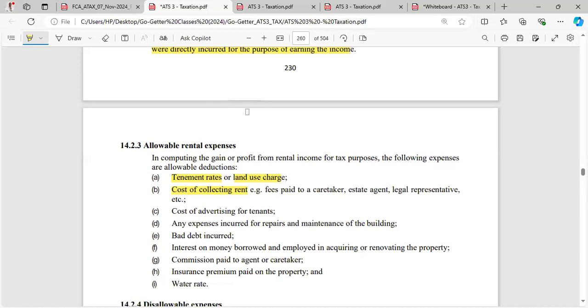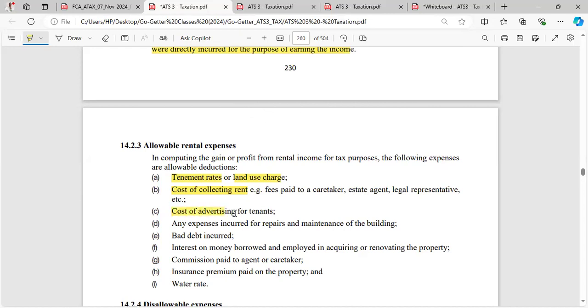This is the cost of collecting rent, because sometimes some people might be so familiar with the landlord that they will decide to owe him, or sometimes some people will not pay as and when due until a legal representative is involved. And so this is a cost of collecting rent.